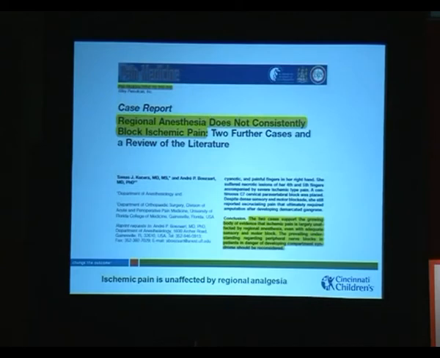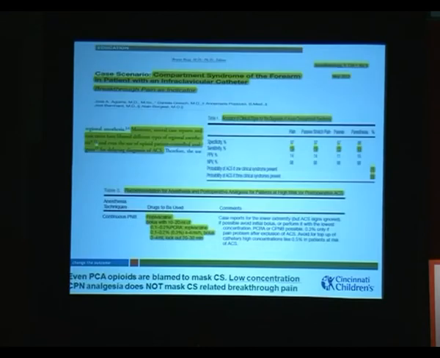The case report with the infraclavicular catheter: ischemic pain was not affected by regional analgesia in a patient with an infraclavicular catheter. Even PCA with opiates can mask pain, so they are blamed by our orthopedic colleagues for masking compartment syndrome.